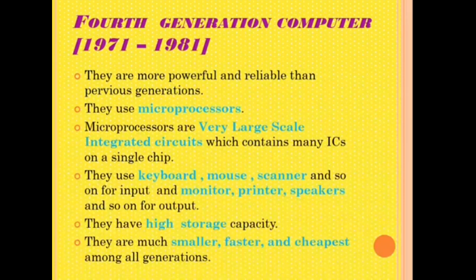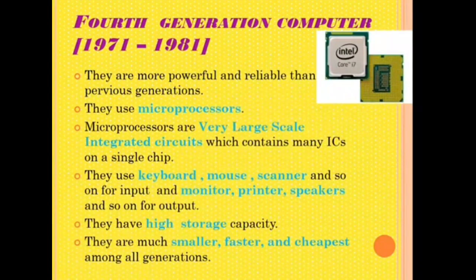Here they use the microprocessor. I will show the image of the microprocessor. This is the microprocessor. It is very small, no? Microprocessors are very large scale integrated circuits which contain many ICs on a single chip.